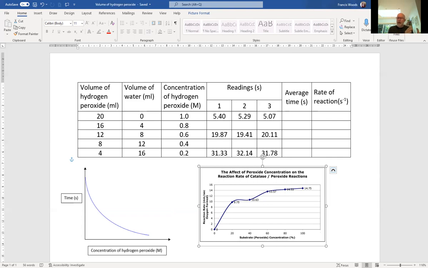So all that work at the beginning of the assignment that we had to look at, looking at the theoretical context, now comes into play. We have to think about, do these results fit the theoretical context, the theory behind enzyme reactions?